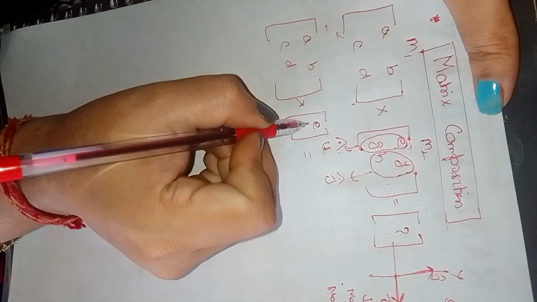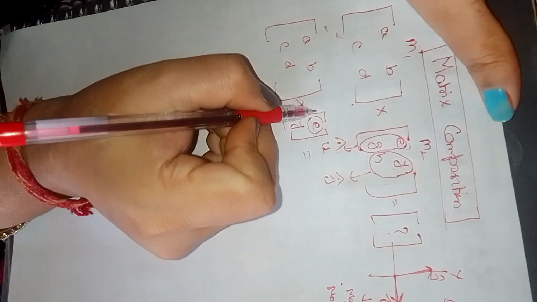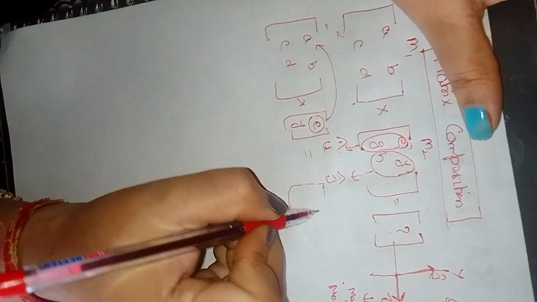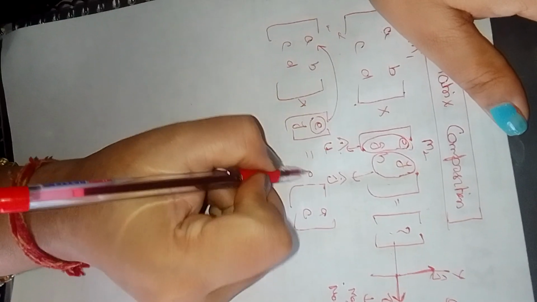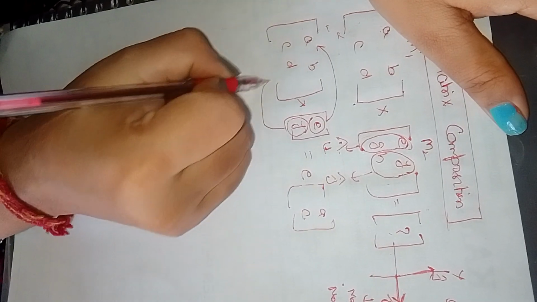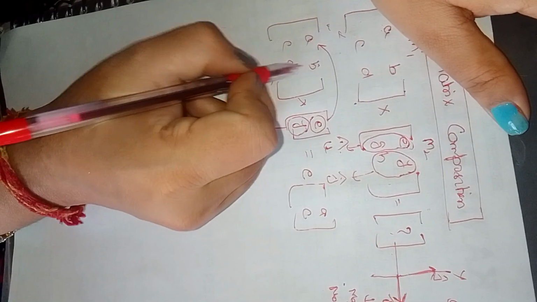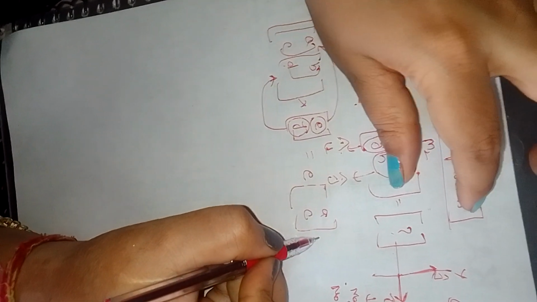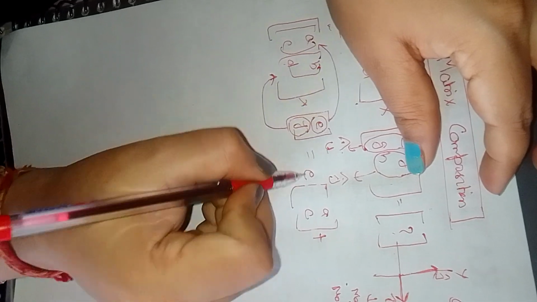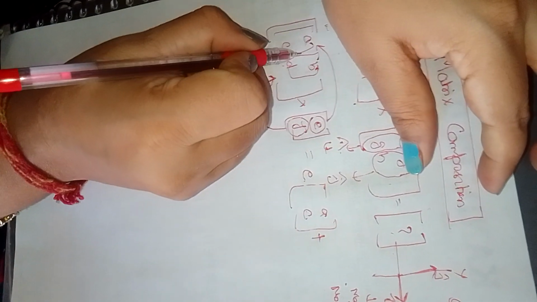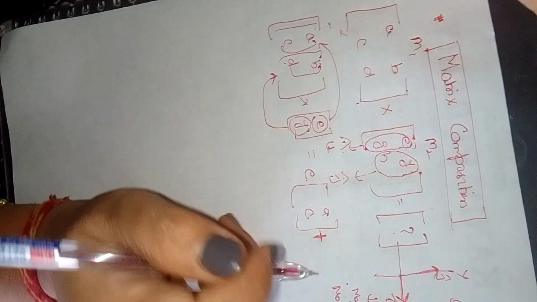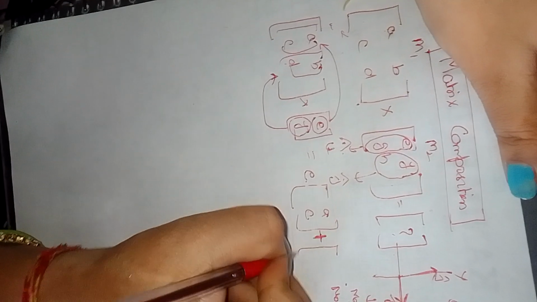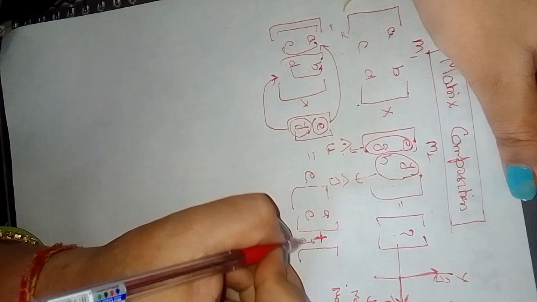So how would it get multiplied? First, this E would multiply the AC part. Then this F would be multiplied with the BD part. Like this it would get multiplied, and there would be addition here.